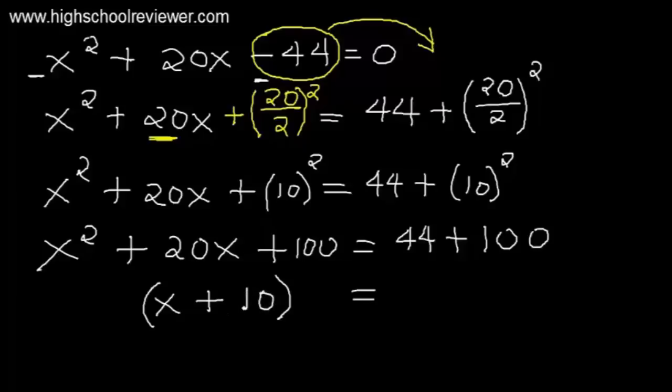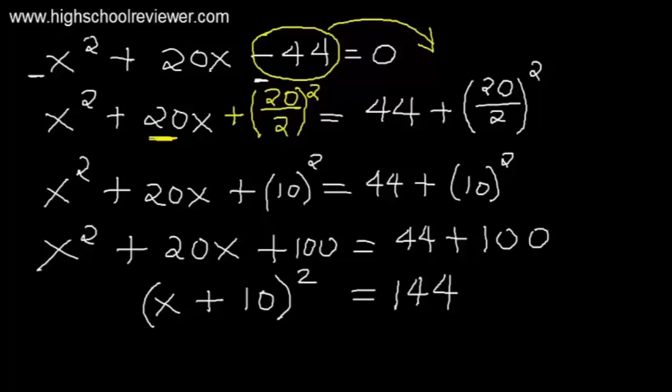And then again, since this is a perfect square, we need to raise this quantity to the power of 2. 44 plus 100, this will give us 144.